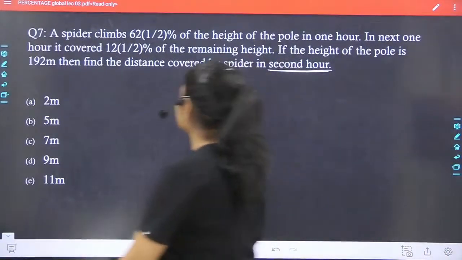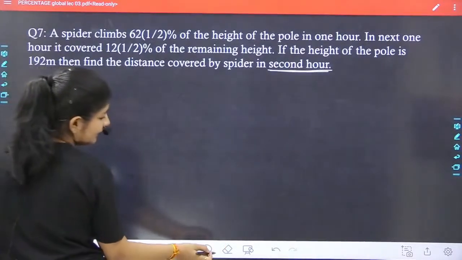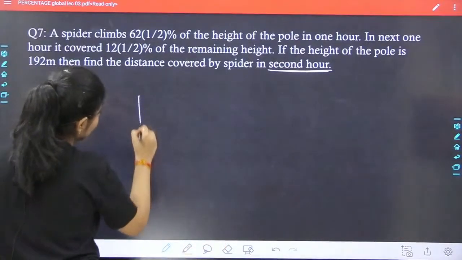In this question, we have a pole of height 192 meters.